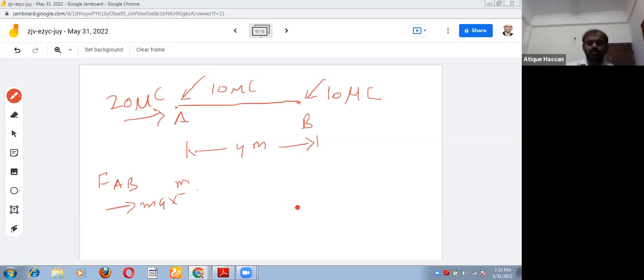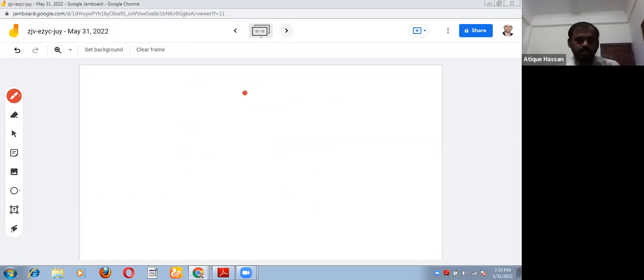So this is how we proceed in a question. You have to apply each and every concept in that. So these were two basic questions based on Coulomb's law.